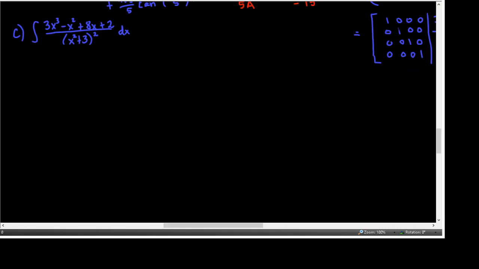All right, so x squared plus 3 is prime, and so when we come over here, that is completely factored as it is already. So since we have a repeated factor, we're going to have to use every power of that from what it is down to first power as we set up our partial fractions decomposition.